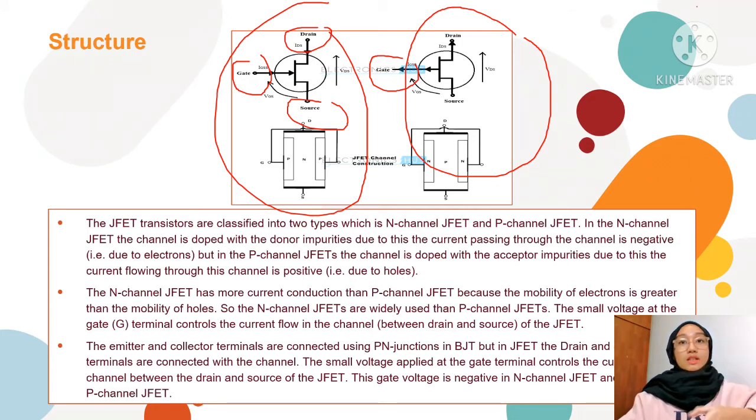This gate voltage is negative in N-channel JFET and positive in P-channel JFET. To compare with BJT, the drain is the collector, the source is the emitter, and the gate is the base. So that's the difference between the structure of BJT and JFET.